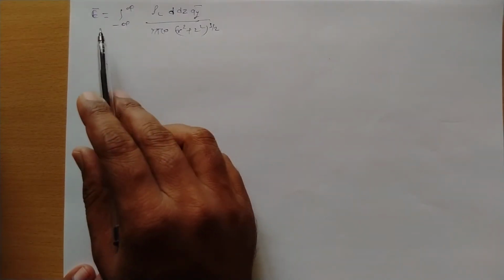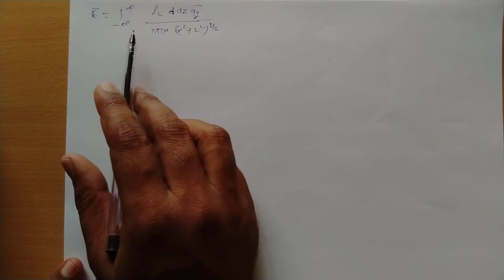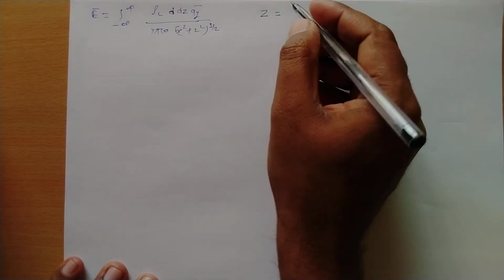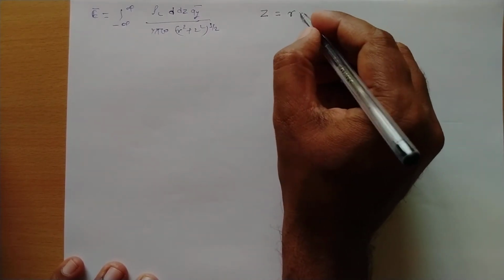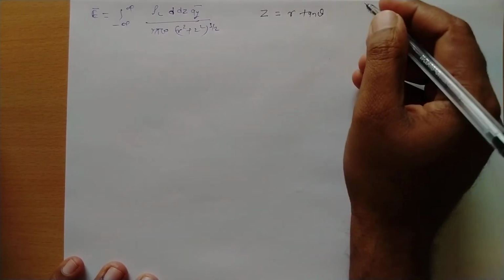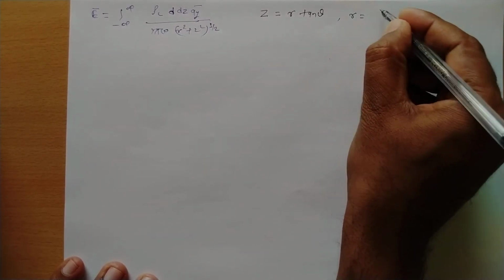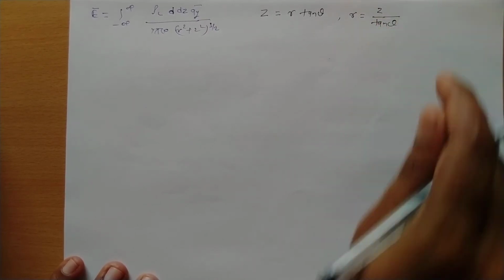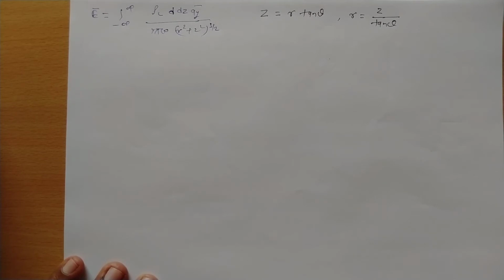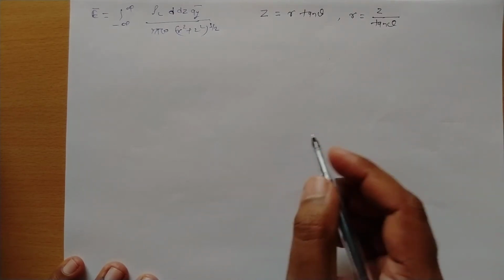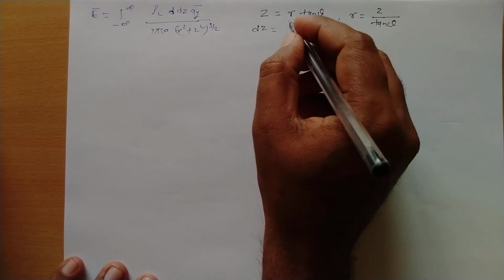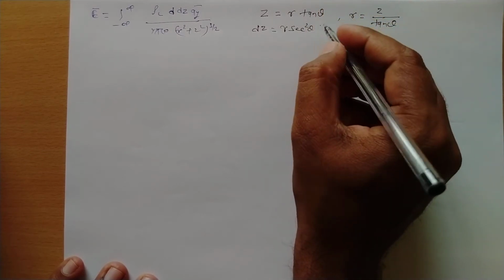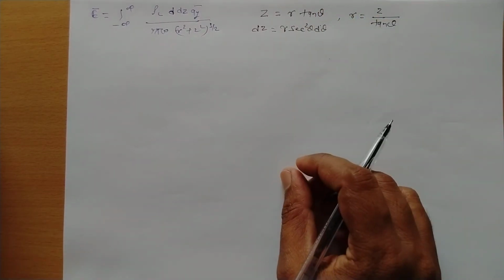Now, as we have got this expression, we will put in these values by substitution. If we consider that z will be equal to r tan theta, then r will be equal to z by tan theta, and dz will be equal to r sec squared theta d theta, right?